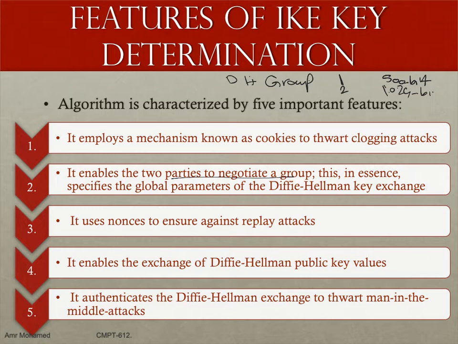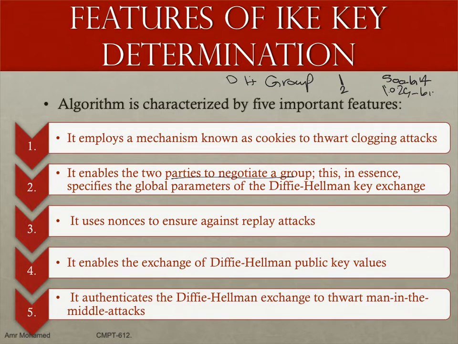So one thing we negotiate, or we use cookies to resolve or mitigate the clogging attacks. Two, we negotiate the Diffie-Hellman group. Three, we use the nonces, and the nonces are used for what? For mitigating the replay attack.